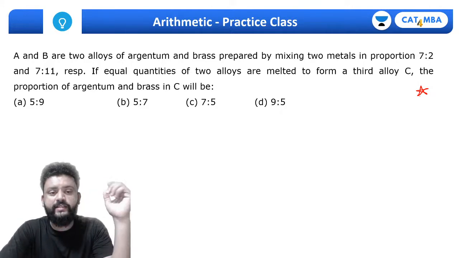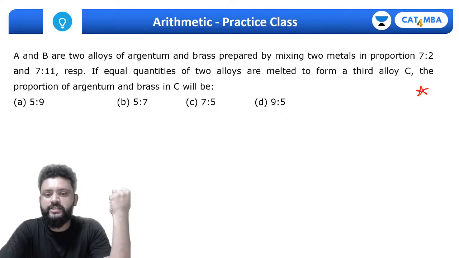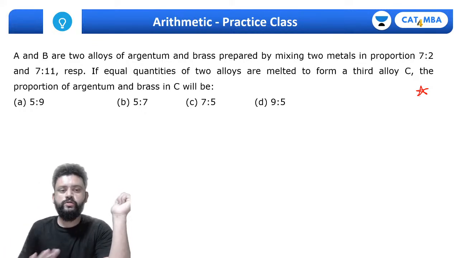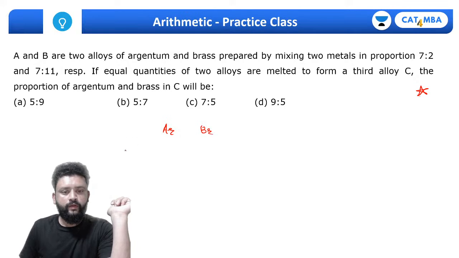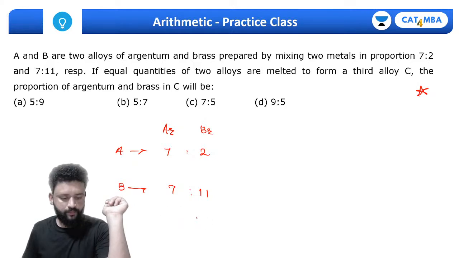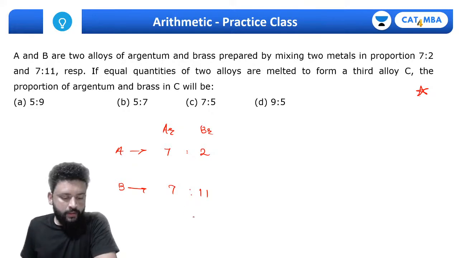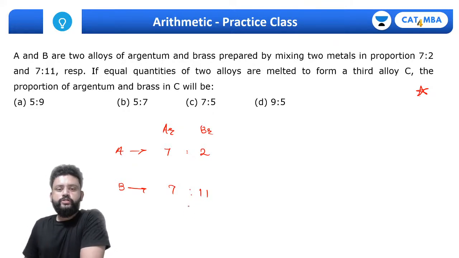A and B are the two alloys of argentum and brass prepared by mixing two metals in the proportion 7:2, and argentum and brass का तुम्हें ratio दिया हुआ है. Alloy A, argentum and brass ratio is 7:2 and for B it is 7:11. क्या हो गया? 2:5 क्या आ रहा है? 2:5 कैसे आएगा?